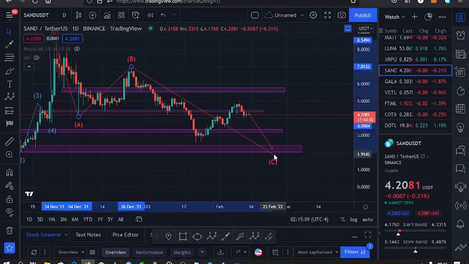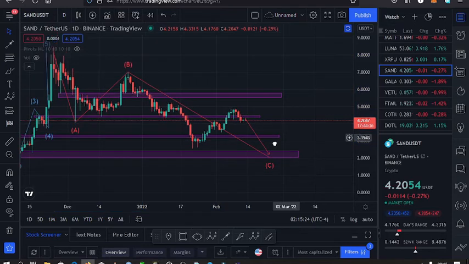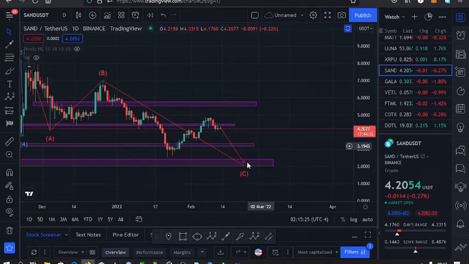So maybe this ABC correction is not over, and that move might be still a corrective move that will take us to the $2.21 mark. And once that happens, what should follow on the other side is a move that will take us to an all-time high. So those are my key expectations.